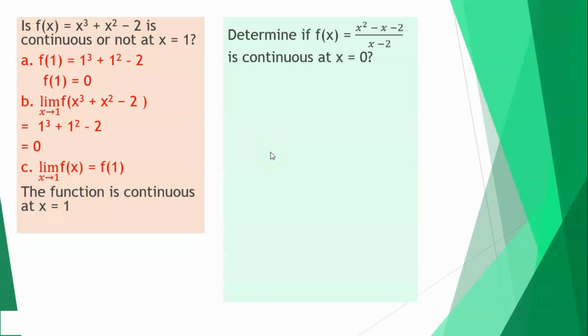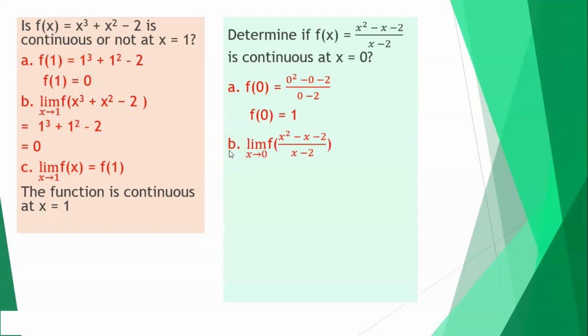Okay, another. Determine if the function (x squared minus x minus 2) over (x minus 2) is continuous at x equals 0. So, take note, let's solve. For A, let's substitute f of 0. Substituting x by 0, we will end up here with negative 2 over negative 2, or simply positive 1.